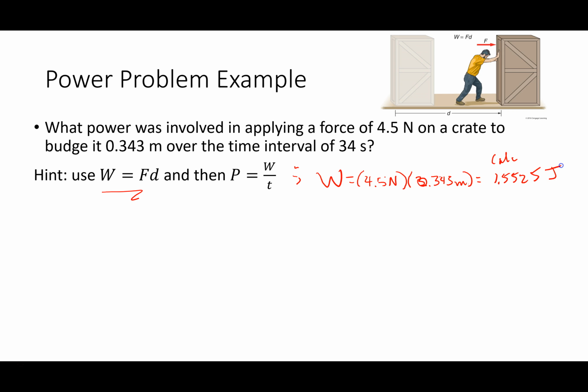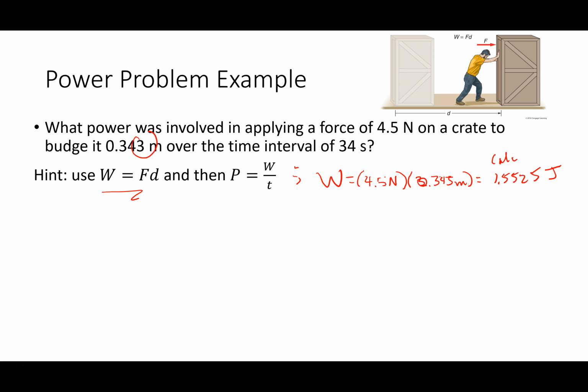Oh, I wonder if I have the wrong number. Yep, thank you. I got sloppy. 4.5 times 0.343.